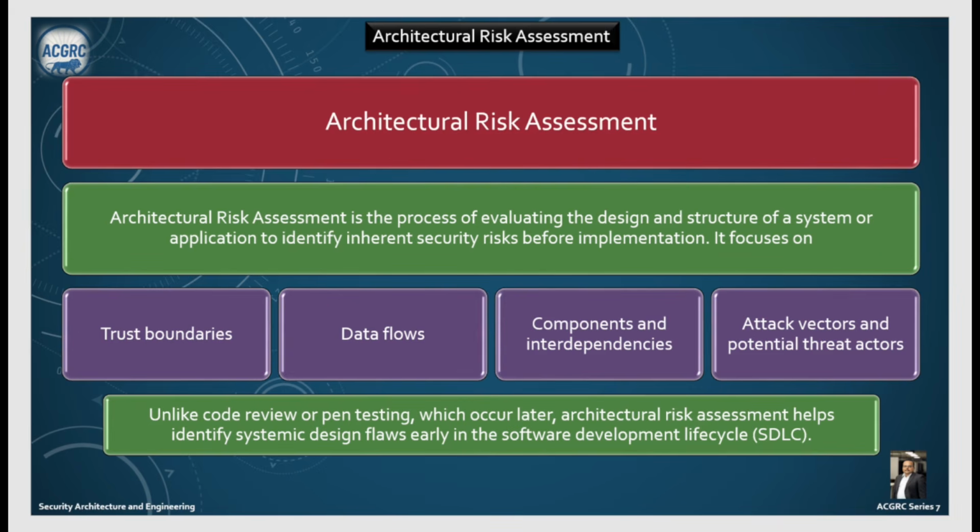It focuses on trust boundaries, data flows, components and interdependencies, attack vectors, and potential threat actors. Unlike code reviews or pen testing, which occur later, architectural risk assessment helps identify systemic design flaws early in the software development life cycle.